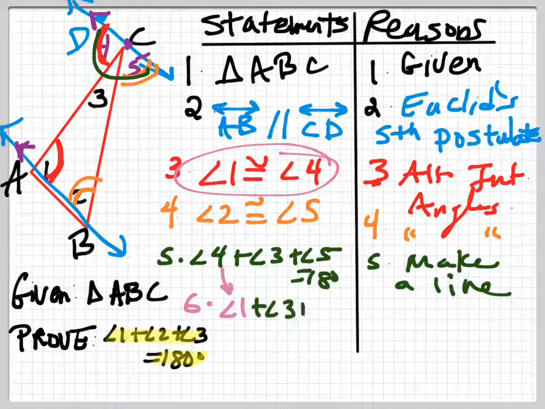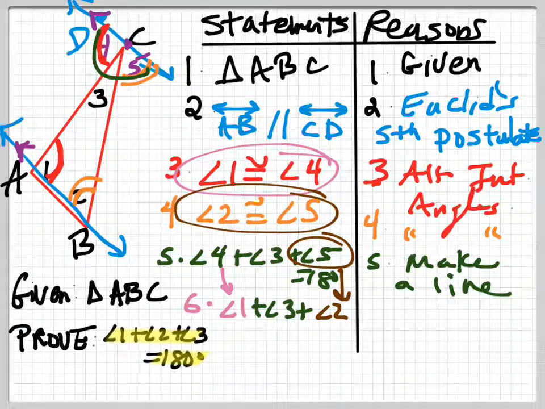Plus angle 3, plus I'm going to replace angle 5 with angle 2 because of this. Let me keep that in green. Now it's camouflaged, you can't see it. Angle 1 plus angle 3 plus angle 2 as opposed to angle 4 plus angle 3 plus angle 5.